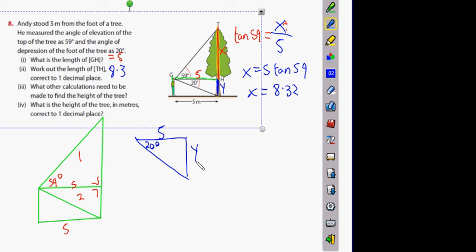It's a 90 degree triangle, find what Y is. Opposite over adjacent again, Y being the opposite, 5 being the adjacent. Which function do we use? Tan. Tan 20 equals Y over 5. Y therefore equals 5 tan 20. And what's 5 tan 20? 1.81.